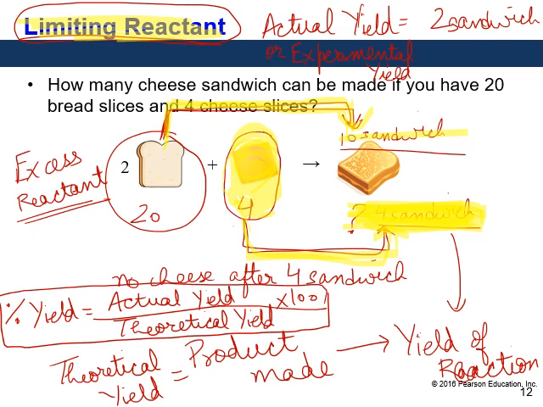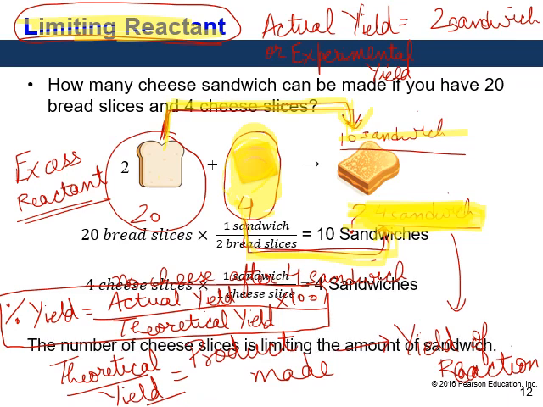It is the actual or experimental yield, the amount of product that was actually made when somebody did the experiment. Theoretical yield is the yield that was calculated based on numbers. How? Stoichiometric numbers. Okay. So this is the same concept. We'll try to do questions based on these concepts.